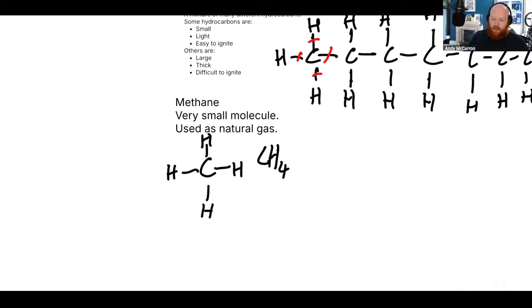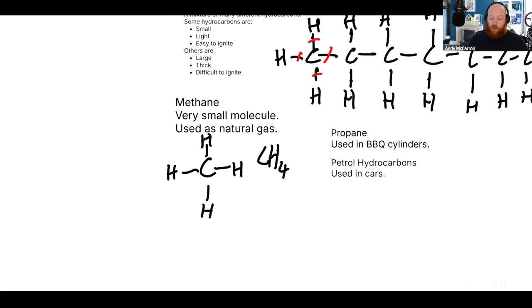Then we can start looking at other compounds as well, like propane and butane. Methane and propane we normally use in barbecue cylinders, so you get to see them on a regular basis. We could also look at petrol hydrocarbons.